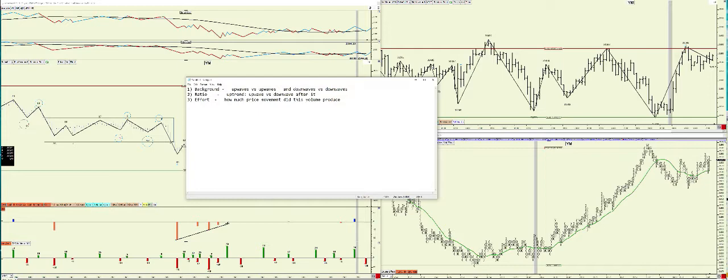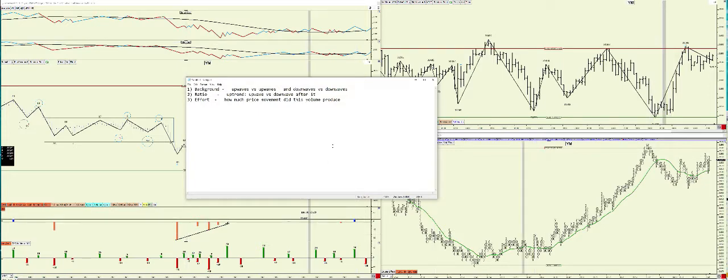Now the key is you have to be able to view volume from all these three angles at the same time when you're doing this in real time.